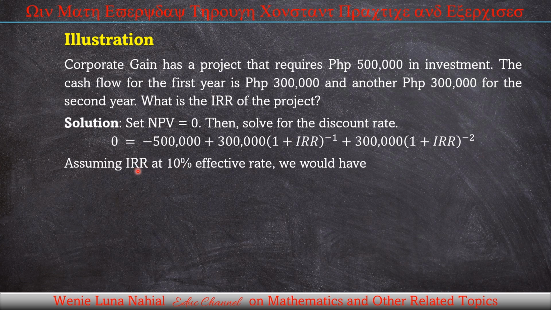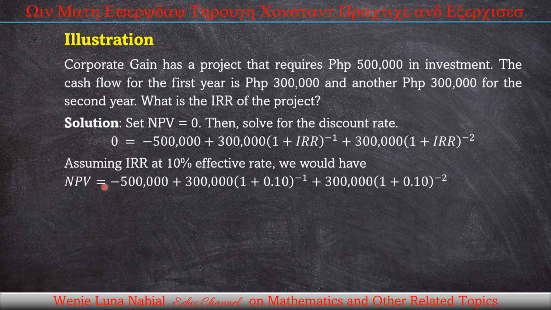Now, assuming IRR at 10% effective rate, NPV equals negative 500,000 plus 300,000 times the quantity 1 plus 0.10. So this 0.10 is the 10% effective rate raised to negative 1.